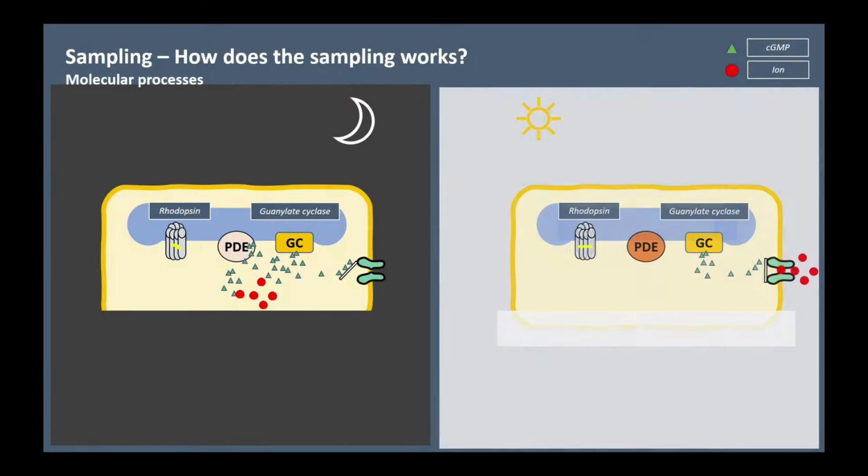In the light, rhodopsin is excited by absorption of a photon, then activates transducin, which in turn activates the PDE. The cGMP level drops. The membrane channel closes and fewer sodium and calcium ions enter the cell. The transduction enzymes are all located in the internal membrane disks, and the soluble ligand cGMP serves as a messenger to the plasma membrane.